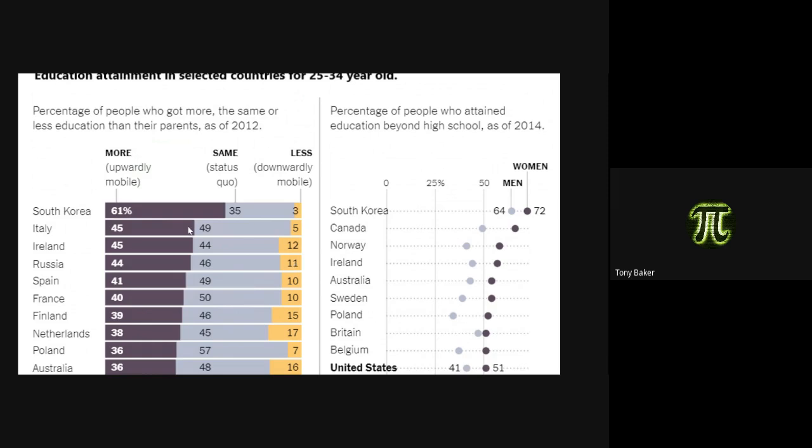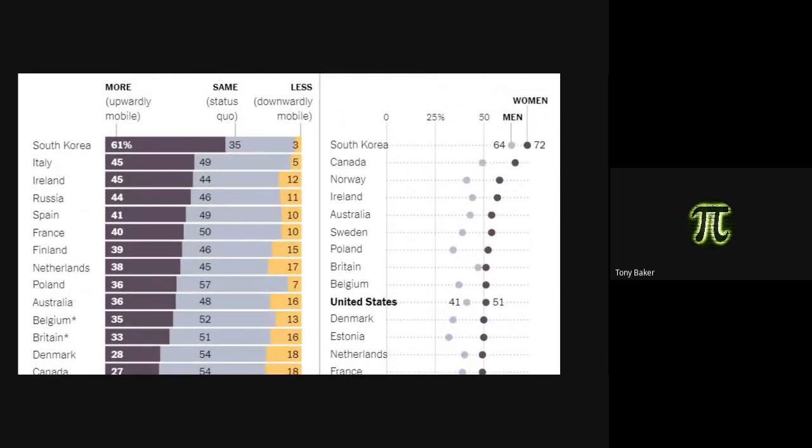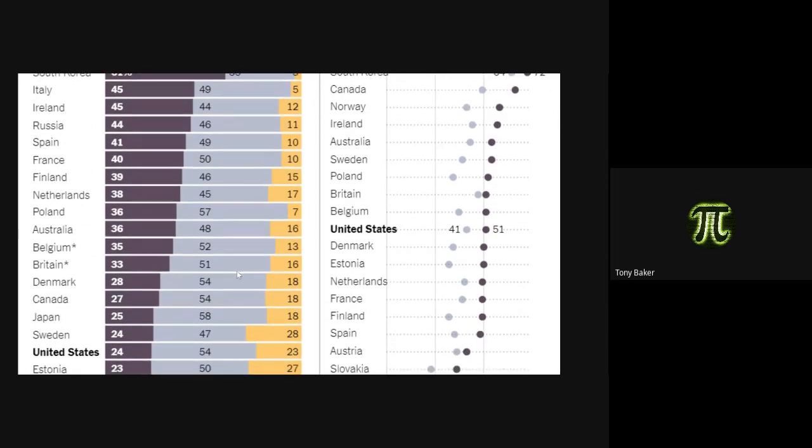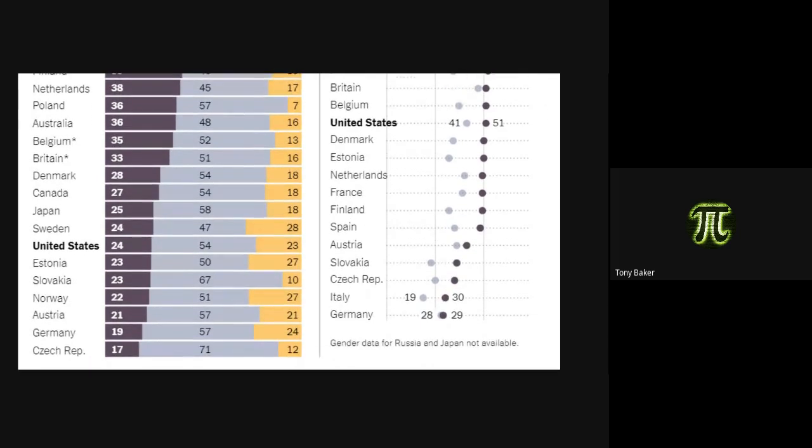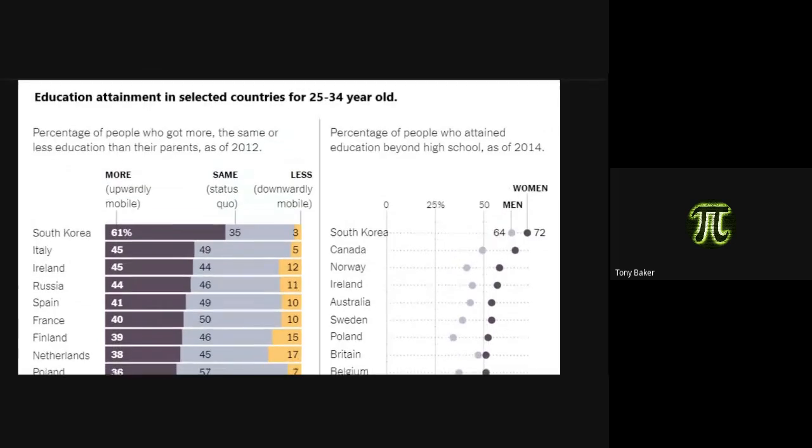So if your parents graduated high school, and you're in the middle, you also graduated high school. If you went to college, you would be higher. The lower one would be like you didn't graduate high school if your parents did. So in Estonia, most of them probably just graduated from a technical school. They might not have gone on to college, but they did the same, so they're good. So it's that type of information.